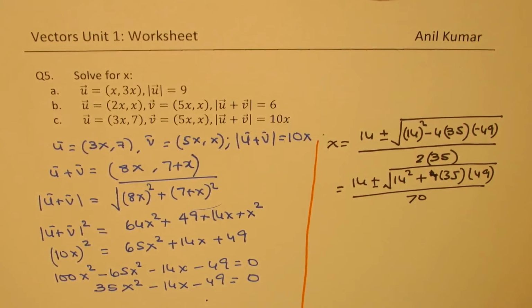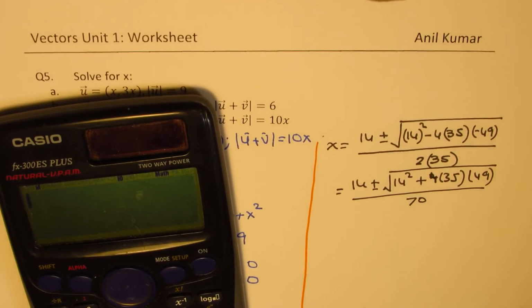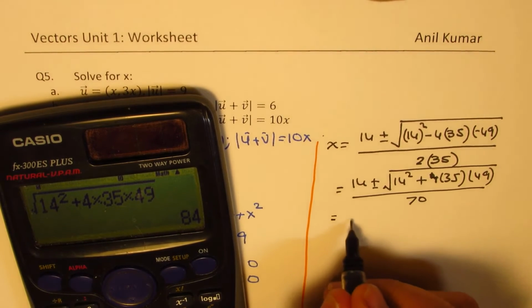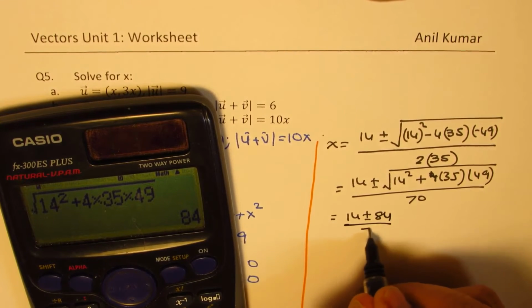Let's calculate this using a calculator. So within the square root, we have 14 squared plus 4 times 35 times 49, and that is 84. So we can write this as 14 plus minus 84 over 70, right?